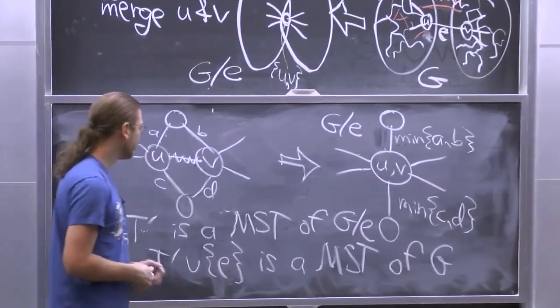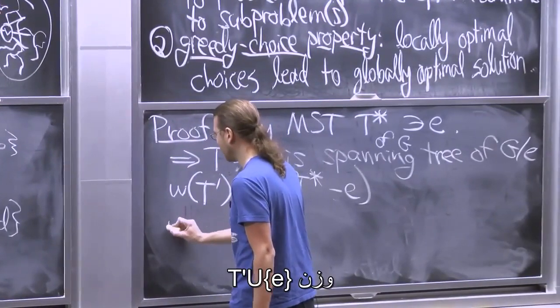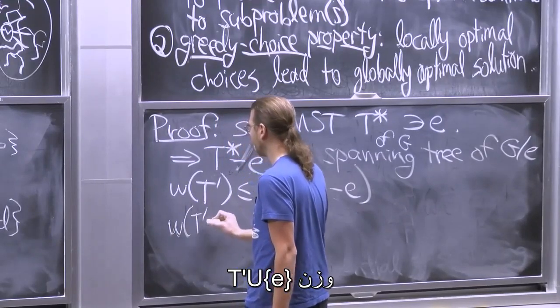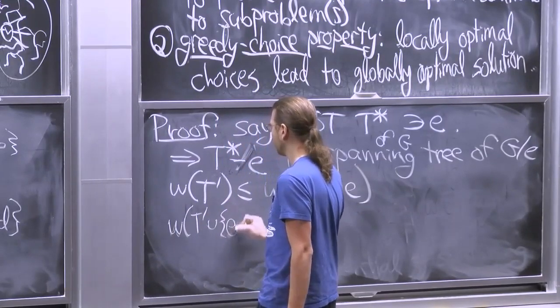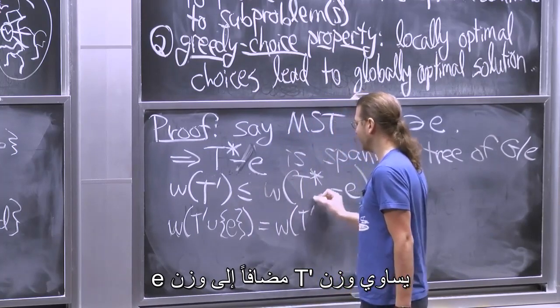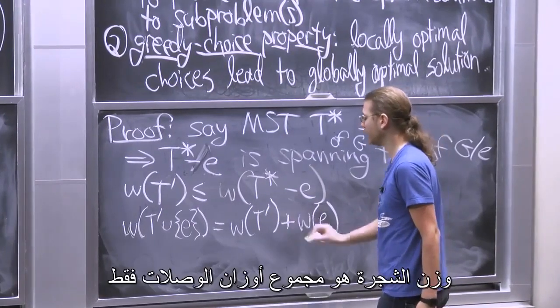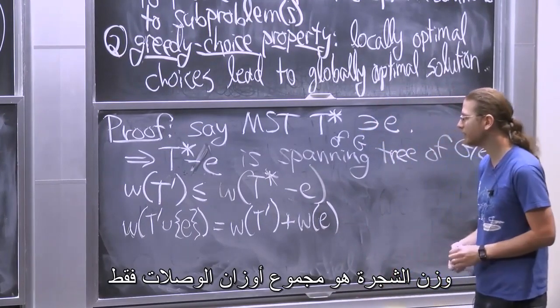Cool. And now we want to know about this thing, the weight of T prime plus E. Well, that's just the weight of T prime plus the weight of E, because the weight of a tree is just the sum of the weights of the edges.